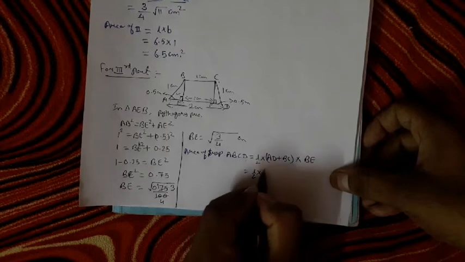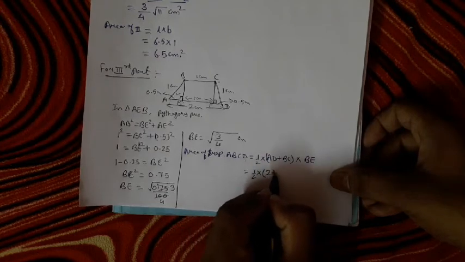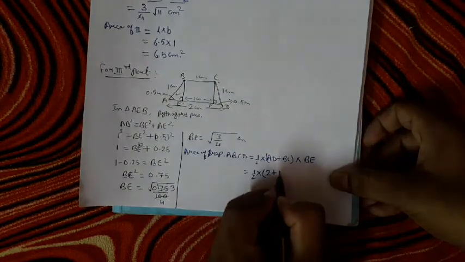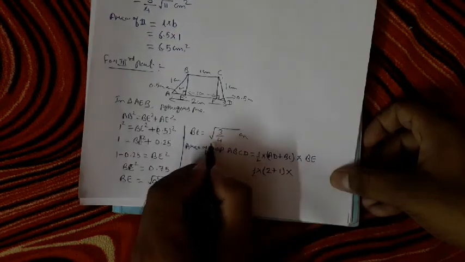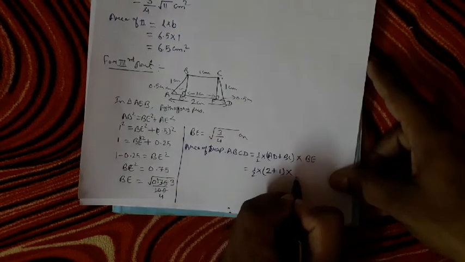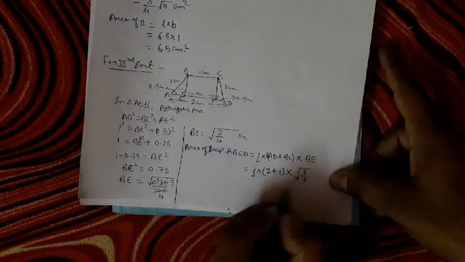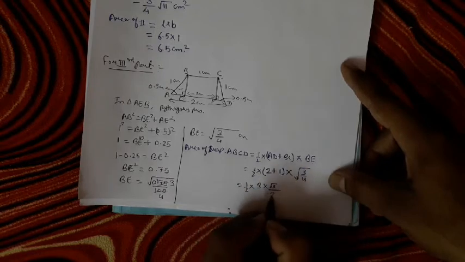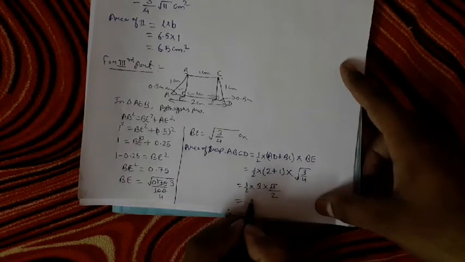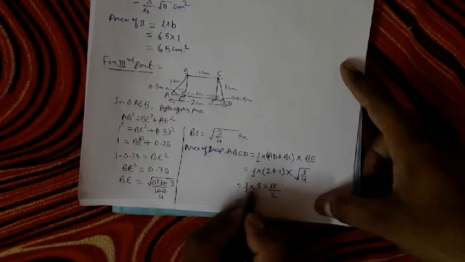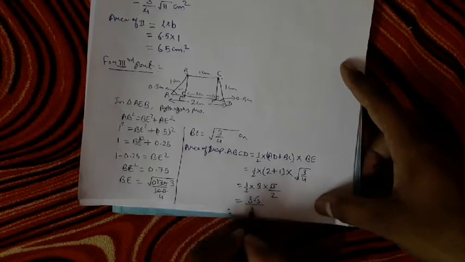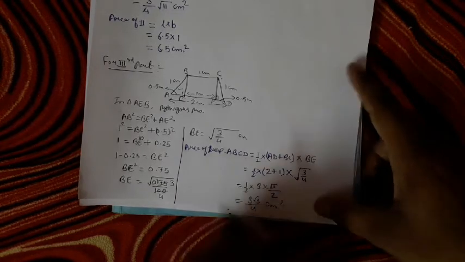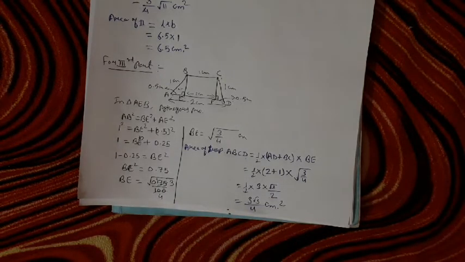So 1 by 2 into AD, which is 2, plus BC, which is 1, into BE, which we have found to be root 3 by 4. So 1 by 2 into 3 into root 3, and the square root of 4 is 2. Finally we get 3 root 3 upon 4 centimeter square. This would be the area of the third part.